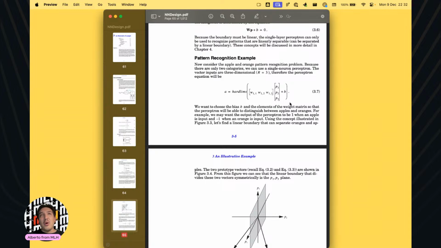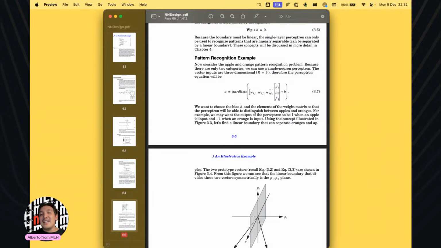And both prototypes have three elements in their values. Let me recall. It was shape, texture, and weight. Yeah, exactly. So the output A will be looking like this: hard limit containing the weight matrix.